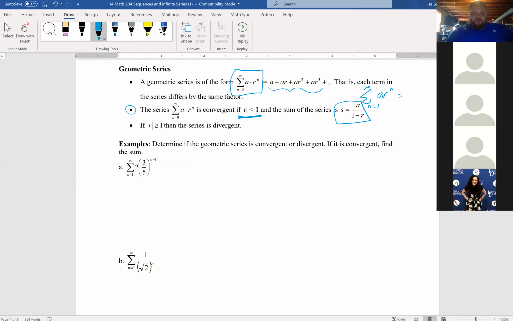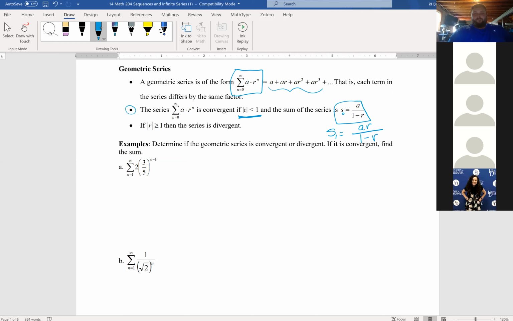Now, it's still true that the absolute value of r has to be less than 1 if we start the summation at 1. But if we start at 1, so maybe I'll say s sub 0 and s sub 1, then the sum is now ar over 1 minus r.